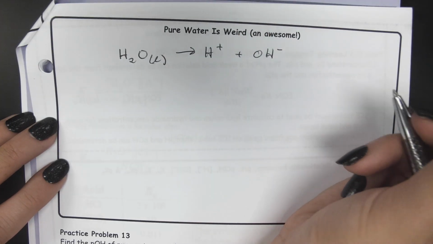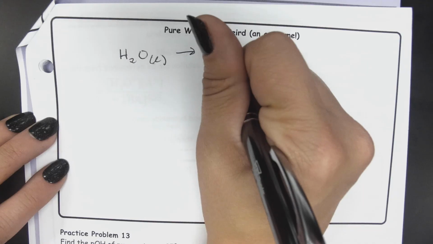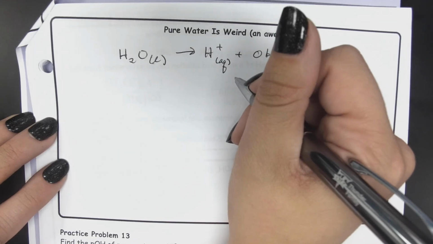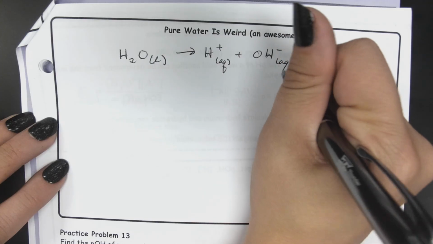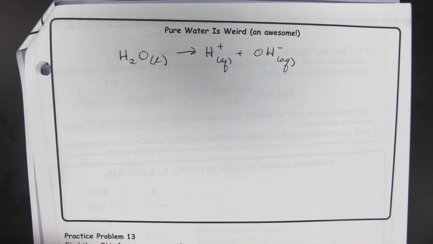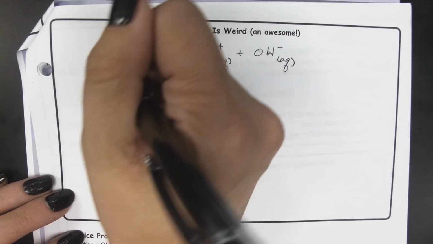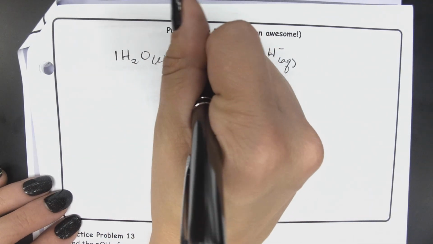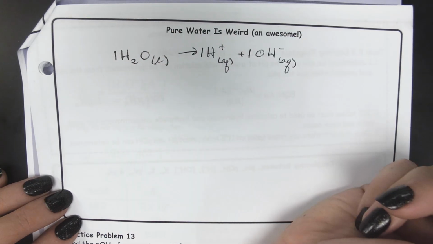And these are now ions that are floating amongst all the other water, so it'd be aqueous. So imagine all these different water molecules, and a couple of them break apart and then a couple go back together and then a few others break apart. But what's cool is if we have one water molecule that breaks apart, then we get one H plus and one OH minus.